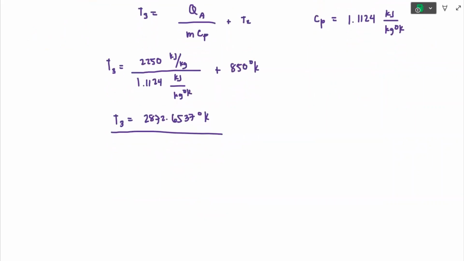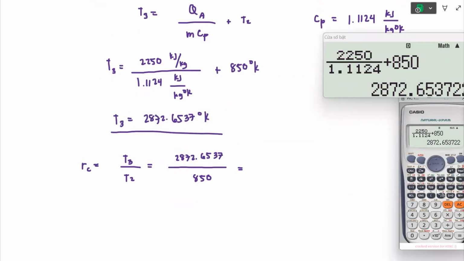So I can find RC. RC is equal to T3 over T2. So 2872.6537 divide by 850. Divide natin siya ng 850.